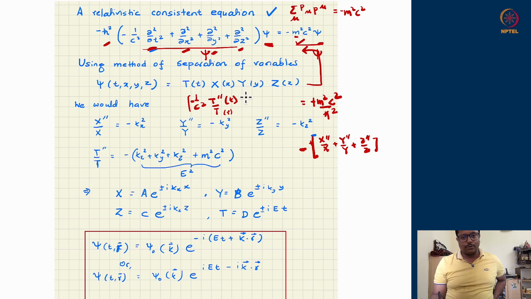So left hand side is only a function of t, and right hand side is some other function of x, y, z, which are coming from this capital X, capital Y, capital Z. So if that is true, this can only happen if two functions which are functions of two different independent variables, they should agree to each other at all x, y, z and t.